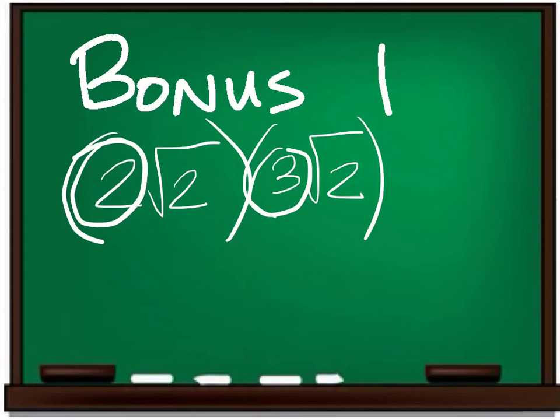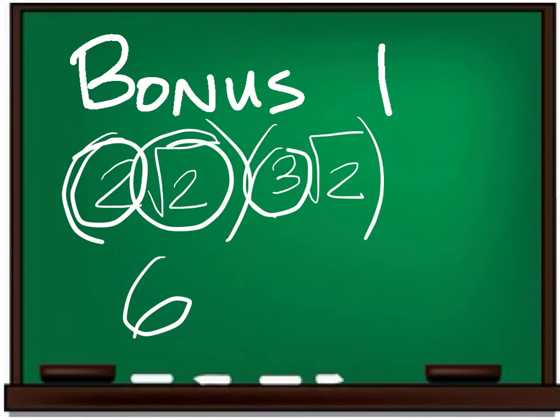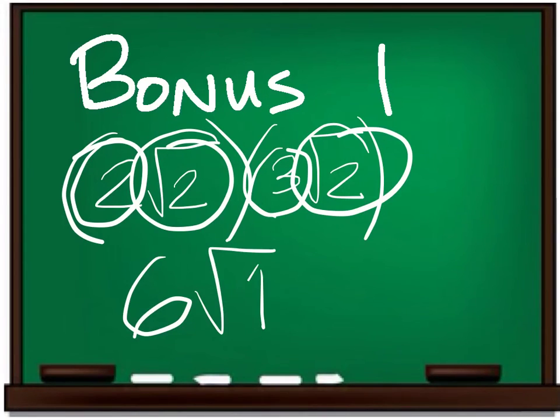Two times 3 is 6, and square root of 2 times square root of 2 is square root of 4, but that's not the final answer. Should be 12.